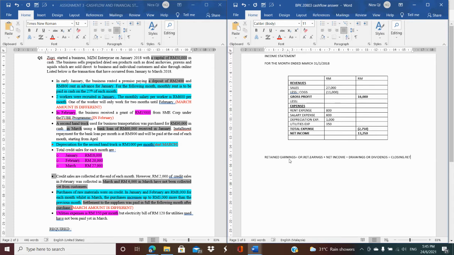This amount will be recorded in the balance sheet. So this is the formula for calculating retained earnings.